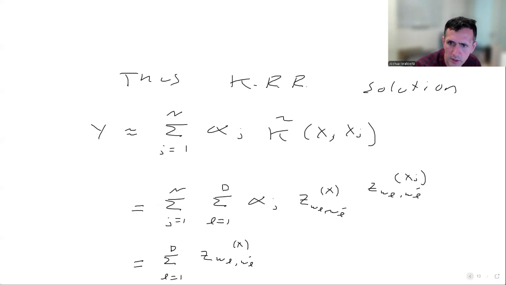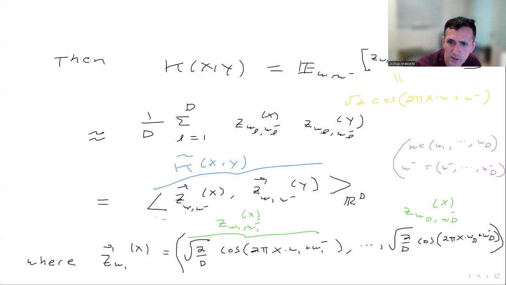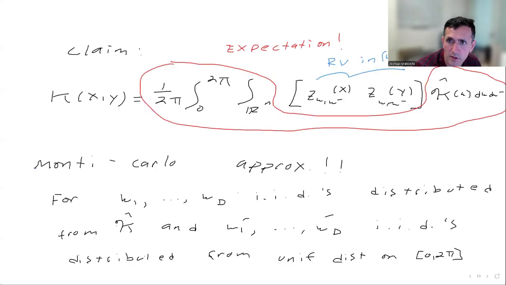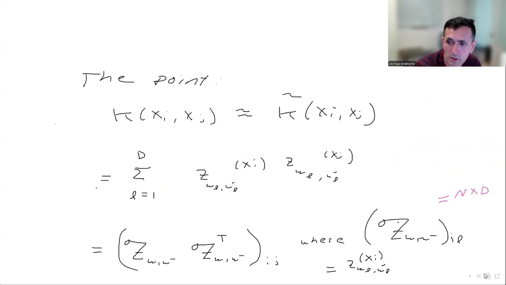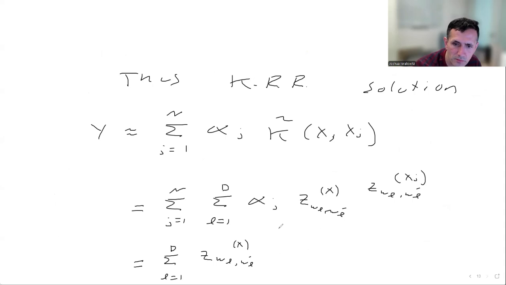Remember concretely what this is. This is literally cosine 2 pi x omega plus omega prime. That's all this is. So let me get rid of a lot of this stuff here. I'm just going to remind you what this is, because you get lost quickly otherwise. So remember, this is cosine 2 pi w x with w prime. Exactly the same thing, but w l prime instead of w prime.